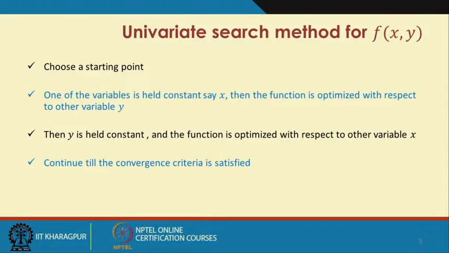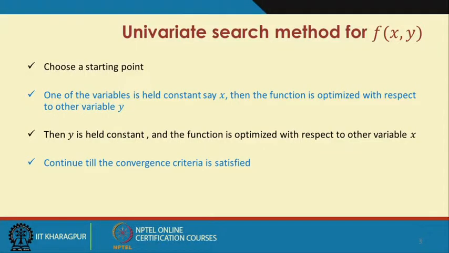If I see the basic algorithm for univariate search, we start with a starting point. One of the variables is held constant, say x, then the function is optimized with respect to the other variable, say y. I can do the other way, keeping y constant and changing x as well.